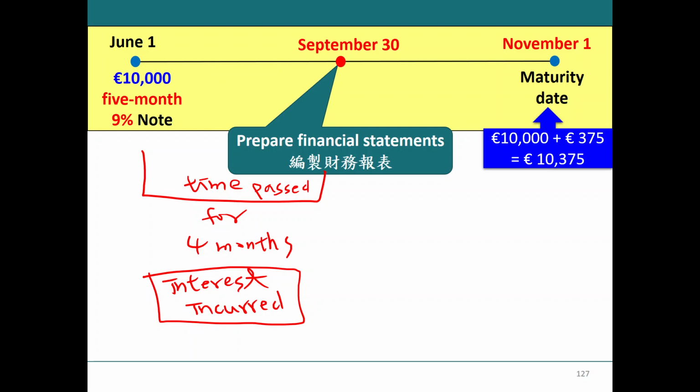So interest incurred, and at the same time you didn't get the cash, so they owe you interest. Go back to chapter 3 or 4, adjusting entry, 调整分录. On September 30, you should recall what happened: 4 months interest incurred, but you didn't get it.